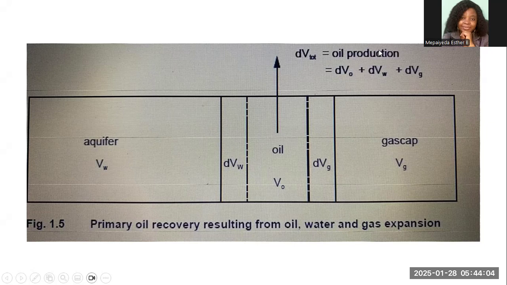So your total production is the change in volume of oil plus change in volume of water plus change in volume of gas. Okay, so primary recovery, oil recovery resulting from oil, water, and gas expansion. So this is also part of the physics of the system, which you have to fully understand before you can determine your technical recovery factor. Very important.